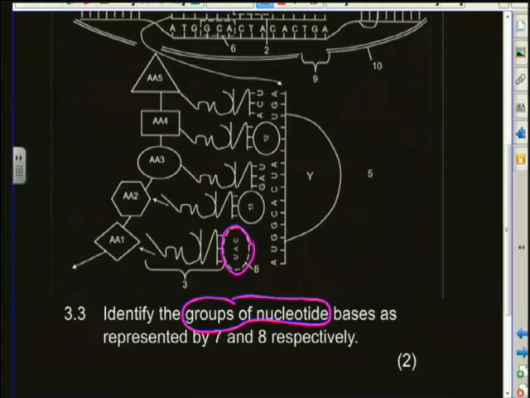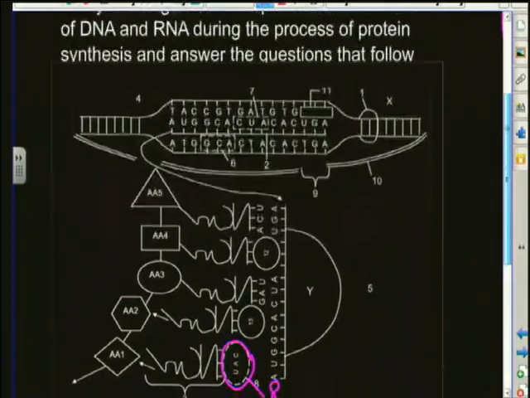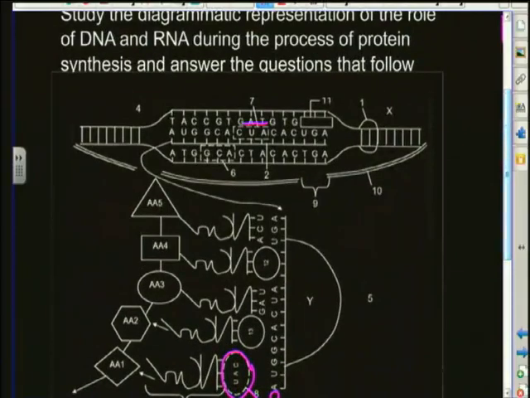Right, let's have a look. Number 8 is over here. That's number 8. And number 7 is at the top here. So, number 7, where is the group? The group is on my mRNA.